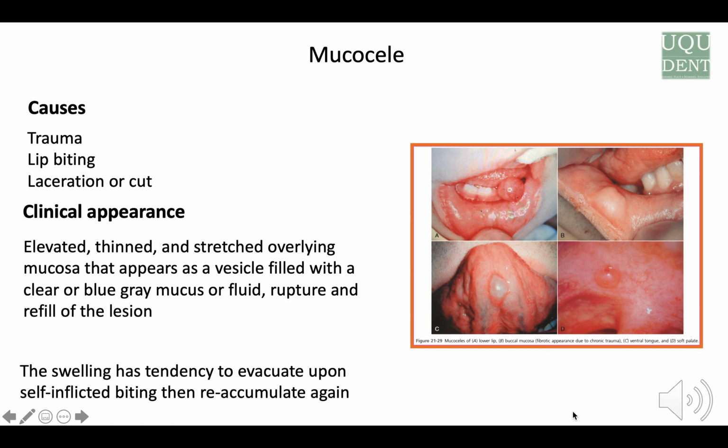The clinical appearance: it has an elevated, thin, stretched overlying mucosa, and can appear as a vesicle filled with a clear or blue-gray mucus or fluid. It also could rupture and refill again. The swelling has a tendency to evacuate by itself, then it also has a tendency to reaccumulate again.